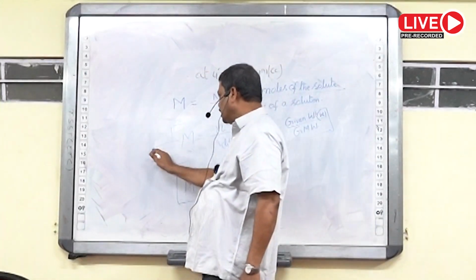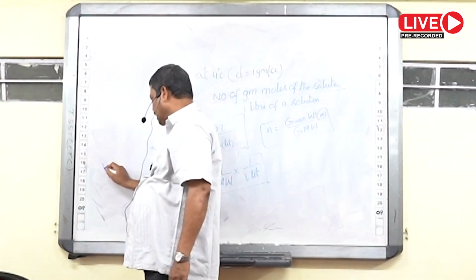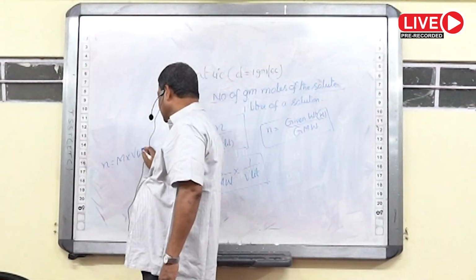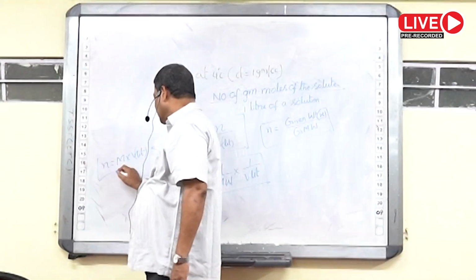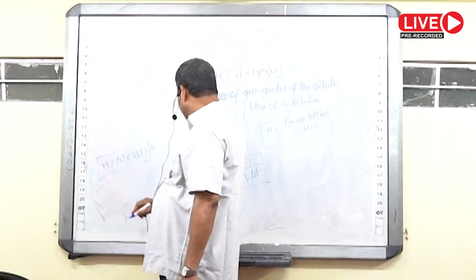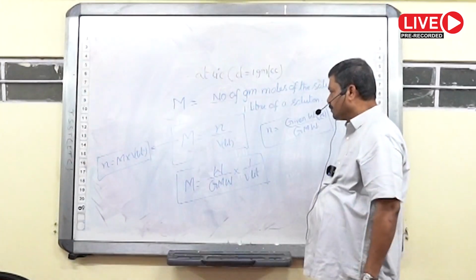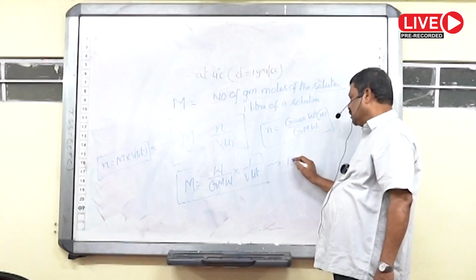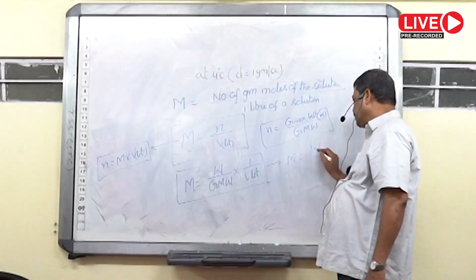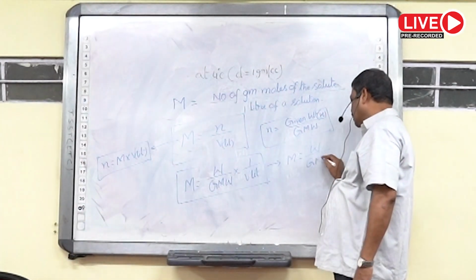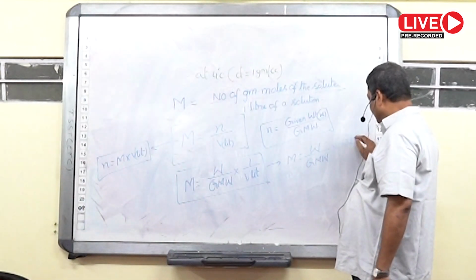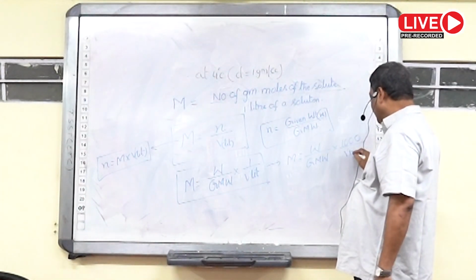From this you can also say N is equal to M into V liters. From this you can also write M is equal to W by gram molecular weight into 1000 by volume in ml.